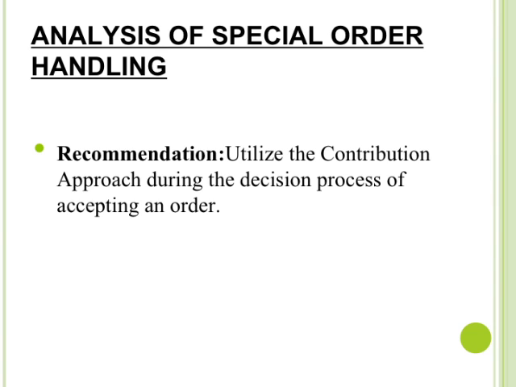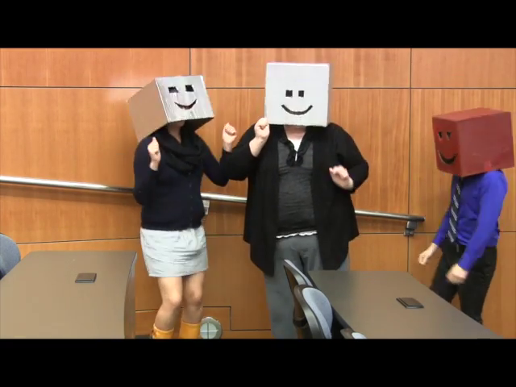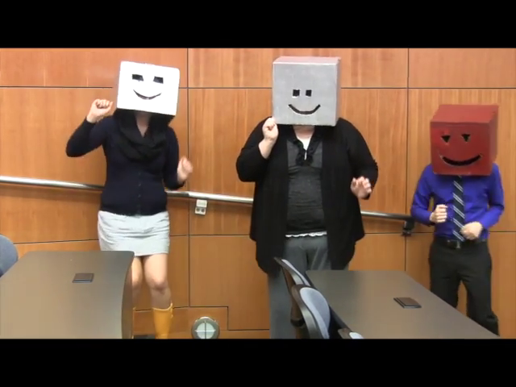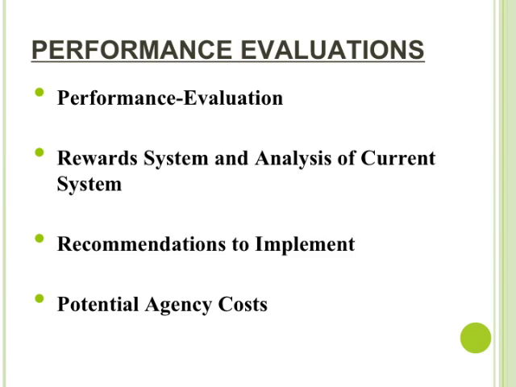We suggest that Fine Foods implement the contribution approach when deciding whether or not to accept a special order, basically leaving fixed costs out of the equation because they are irrelevant in the decision process.